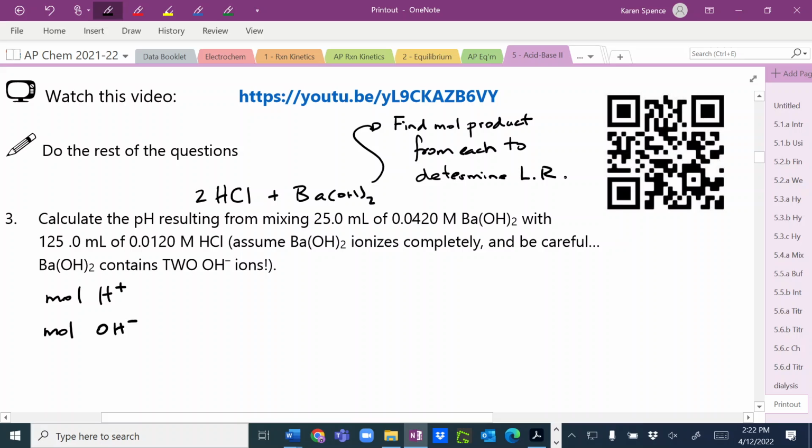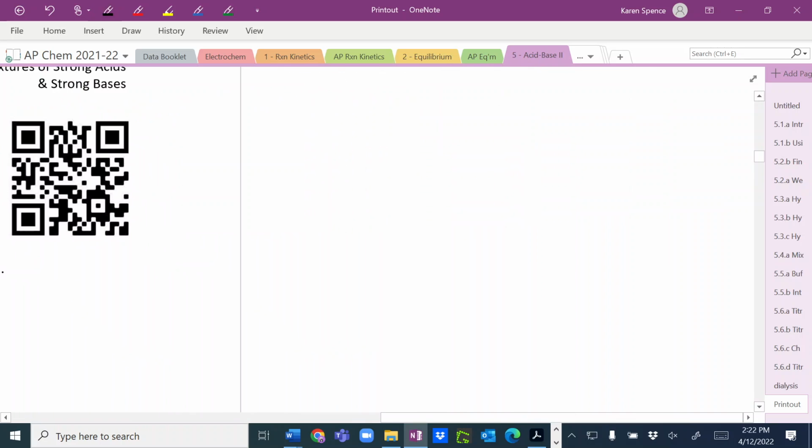Do you remember doing that for limiting reactants? If you don't, I will go through that. Would we like me to go through that? Yes? Okay. So we're going to do it that way first, and then I'm going to show you the other way, which is faster. So have some extra paper, because there's not going to be space to do both of them in the space provided. Okay? So let's start by doing the limiting reactant.